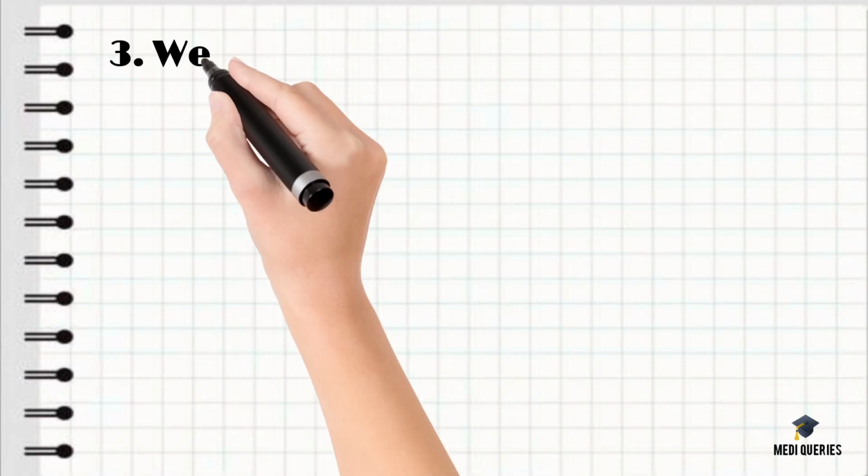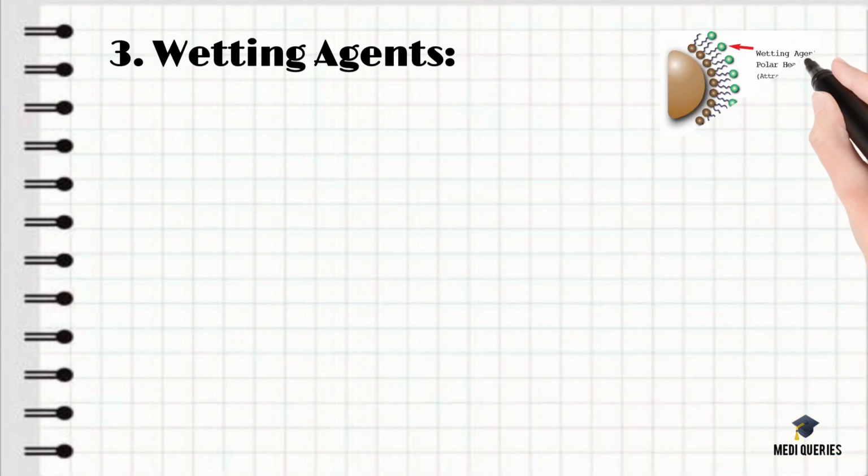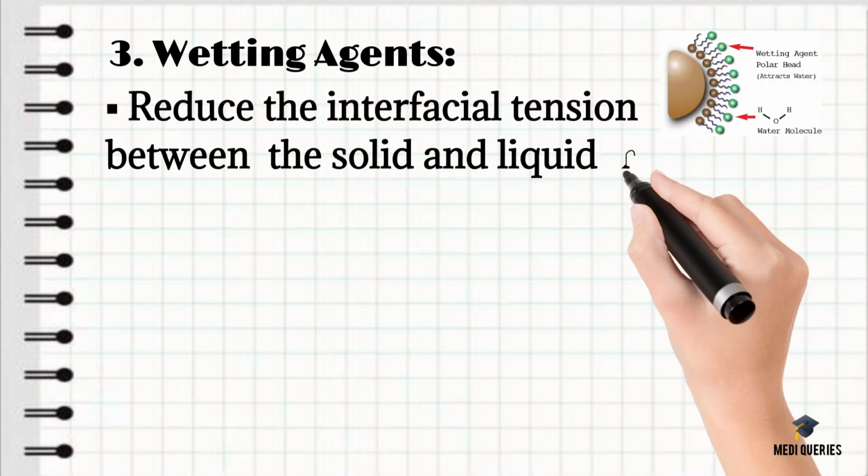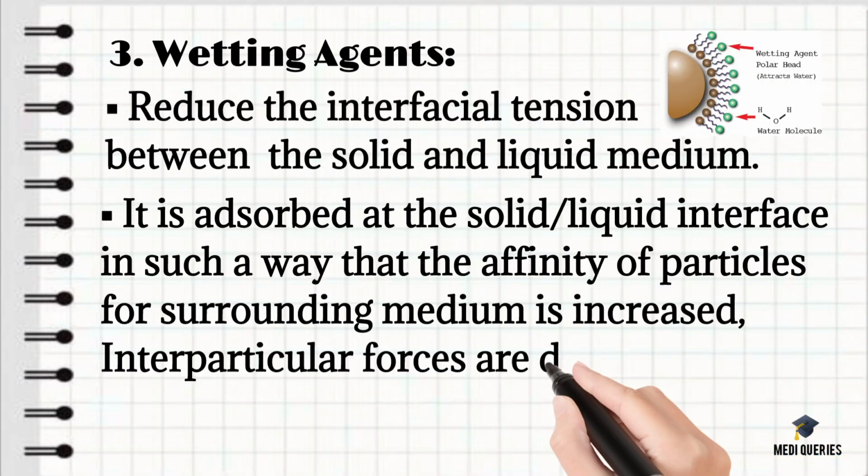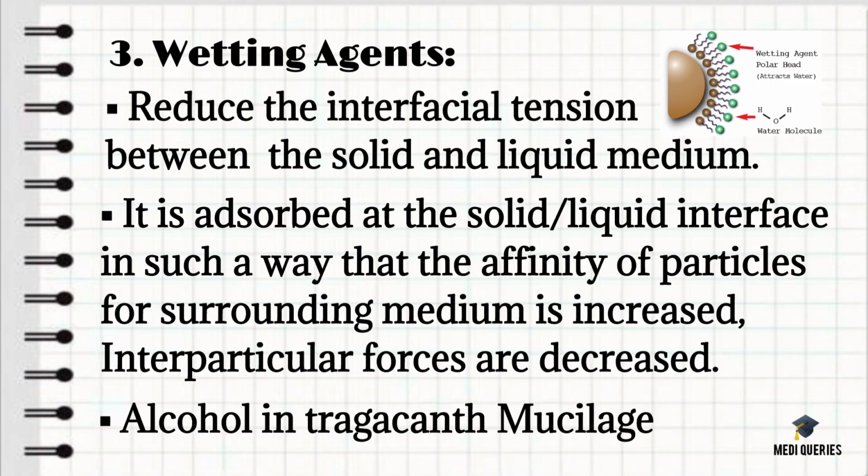And next one is the wetting agents. So these are the substances which reduce the interfacial tension between the solid particles and the liquid media, thus producing a suspension of the required quality here. This may be achieved by adding a suitable wetting agent which is adsorbed at the solid-liquid interface in such a way that the affinity of the particles for the surrounding media is increased and the interparticular forces are decreased here.